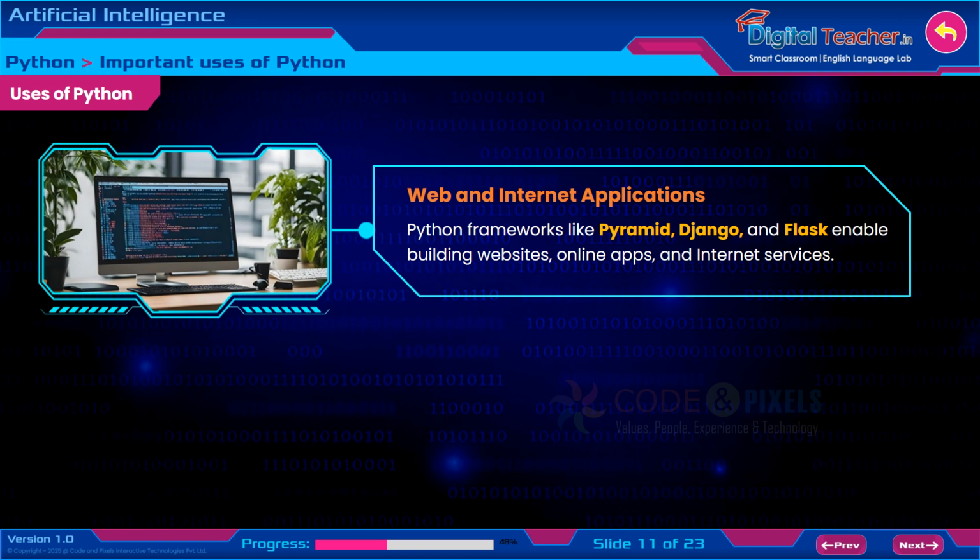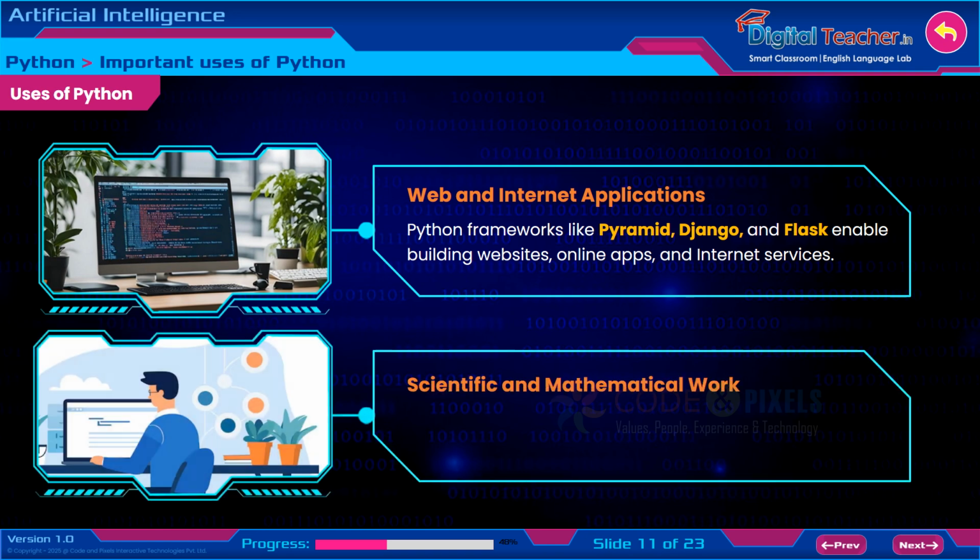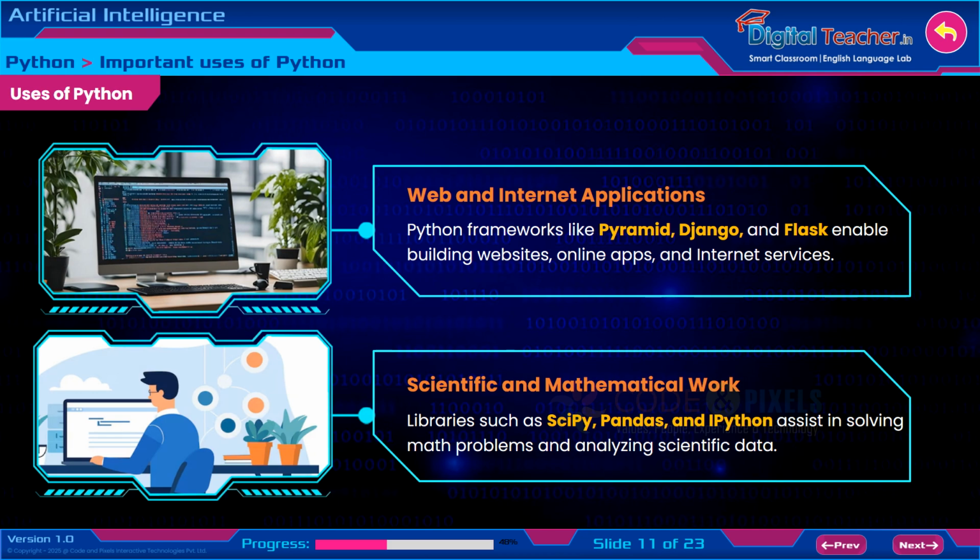It also supports features like designing web content, connecting to databases, and using internet services. Scientific and mathematical work. Python has libraries like SciPy, Pandas, and IPython that help in solving math problems and analyzing scientific data.